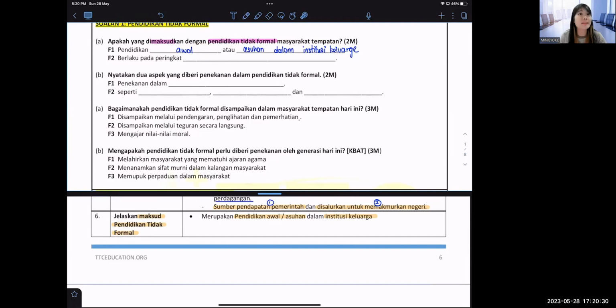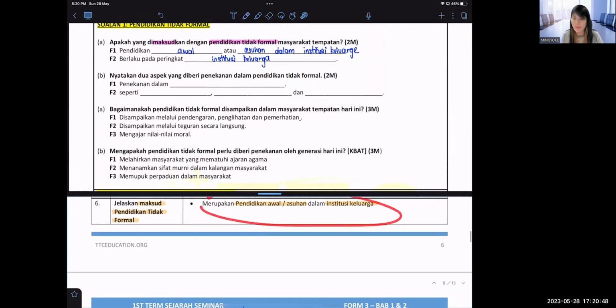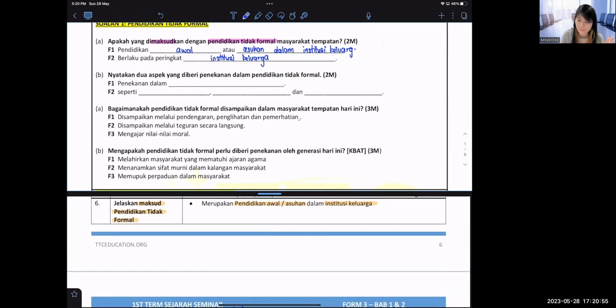Can. Then, of course, they are also berlaku pada peringkat what? They are also happening pada peringkat institusi keluarga. You may say, teacher, don't have. The maksud is only here. So accordingly, you should apply and think about it. It is also happening in family. So it's the same thing, but you can treat it as 2 marks answer.